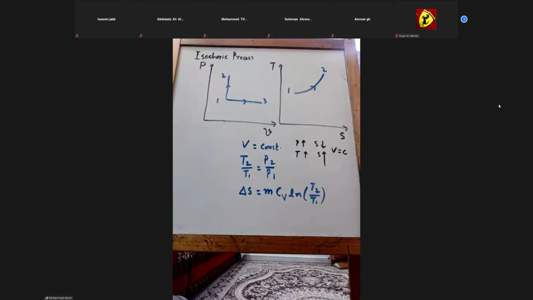Say I have this process 1 to 2 and 1 to 3. How to draw on the TS diagram?